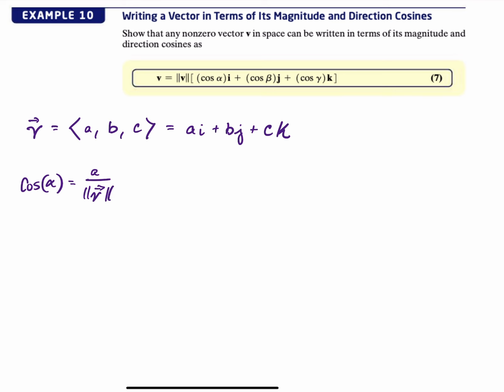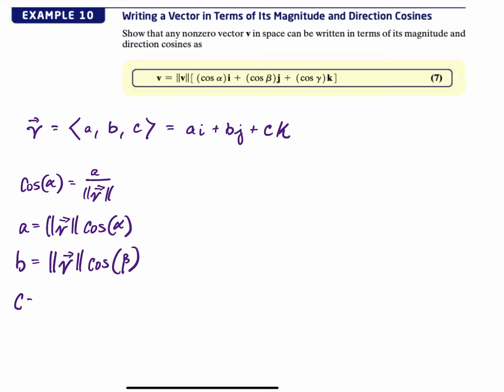So we can solve for a and say that a is equal to the magnitude of the vector times the cosine of alpha. We get similar statements for b and c. So b would be the magnitude of the vector times the cosine of beta, and c would be the magnitude of the vector times the cosine of gamma.